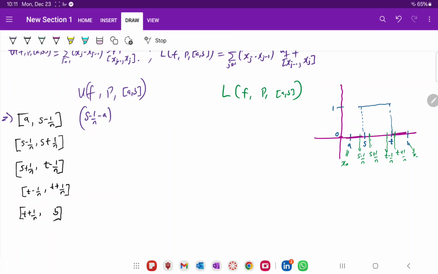Then if we check at these two points, you will see that our function here is entirely 0. So that shows that the supremum of our function here will be 0.